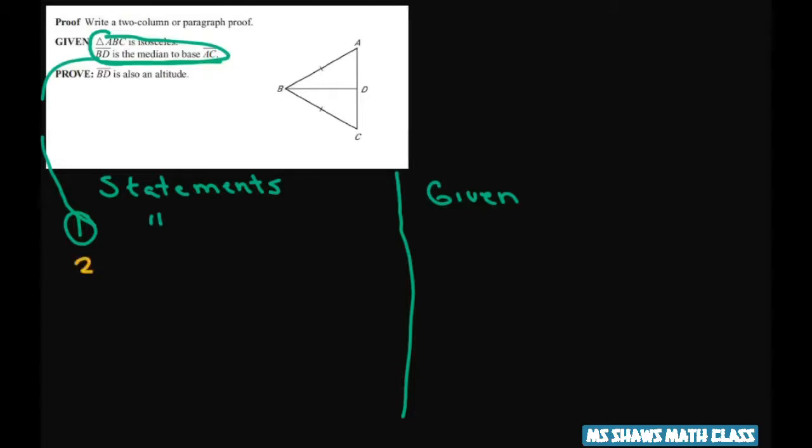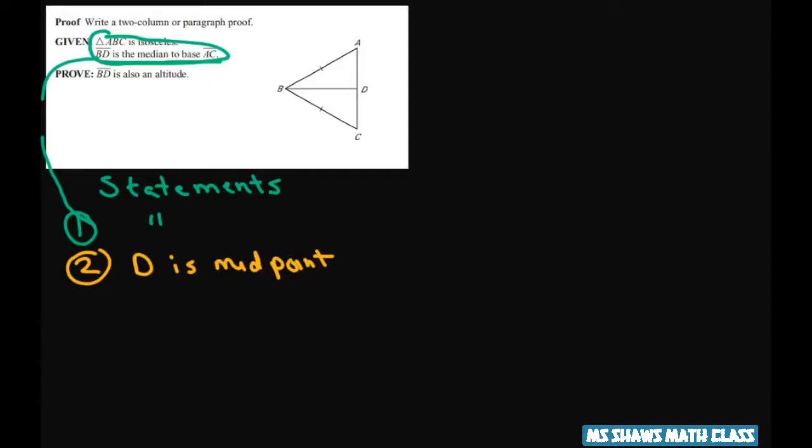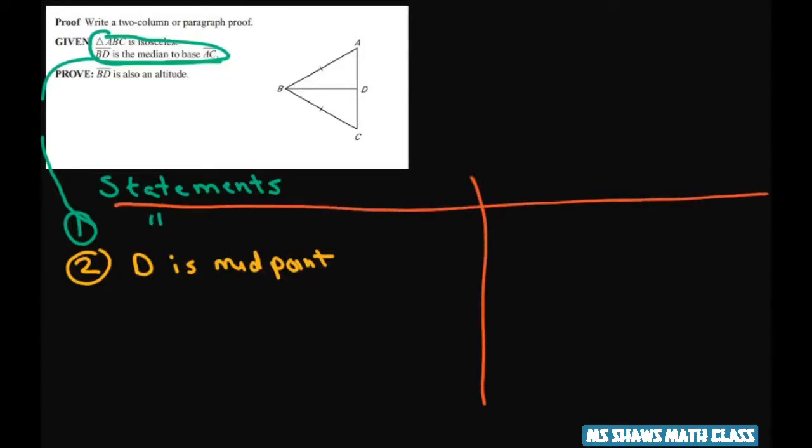Number two, based off our given, I know that D is midpoint, and I'm going to just really quick here move this line over a little bit. All right, sorry about that.